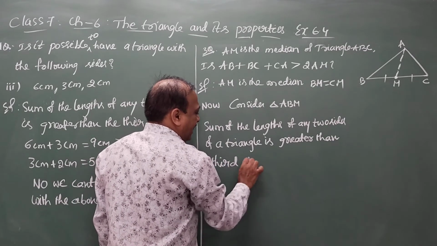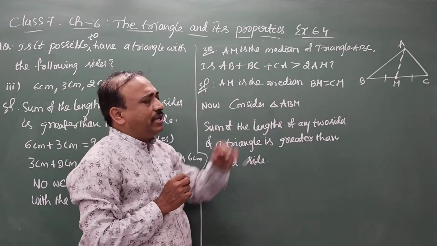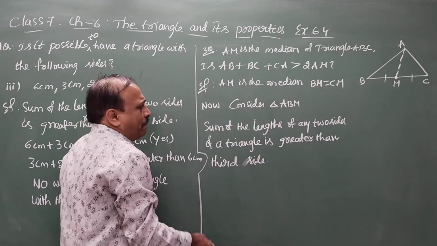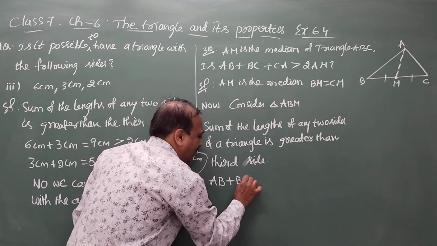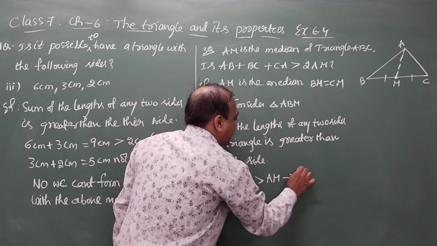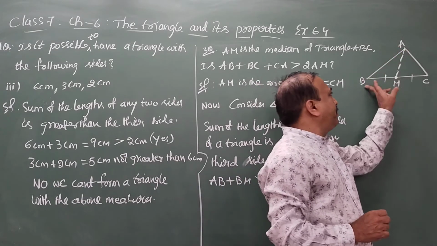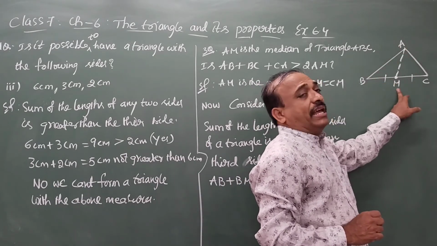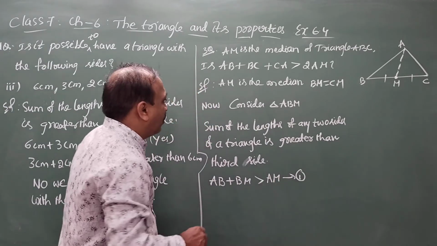This is the criteria we are using. So in triangle ABM, if you see, AB plus BM length is greater than AM. Let this be equation 1. So in triangle ABM, if you add AB and BM length, that should be greater than third side. That is a criteria.